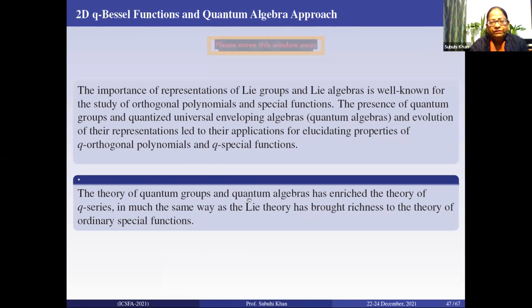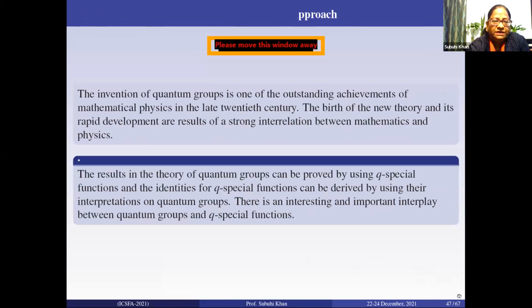So the theory of quantum groups and quantum algebras has enriched the theory of Q series in the same way, as Lie theory brought richness to the theory of ordinary special functions.